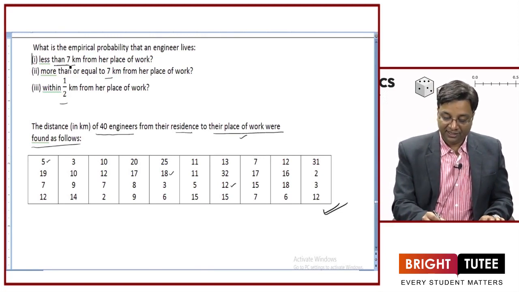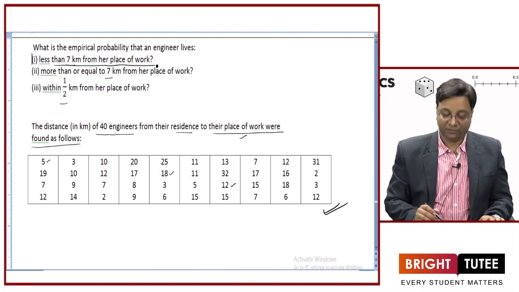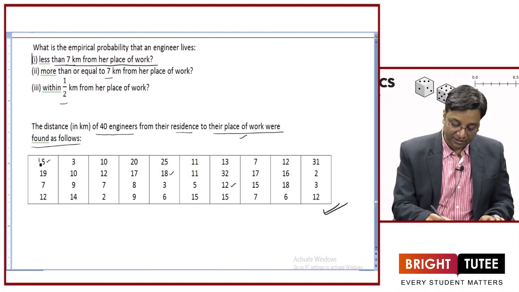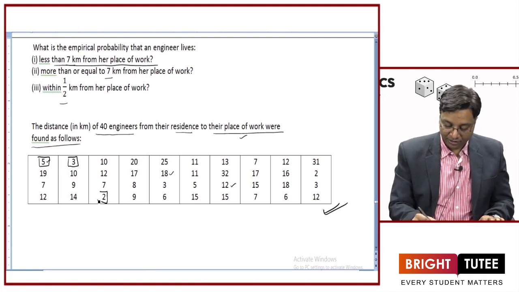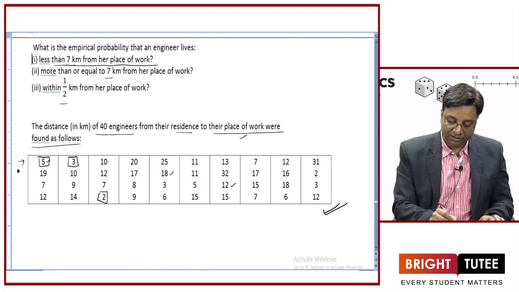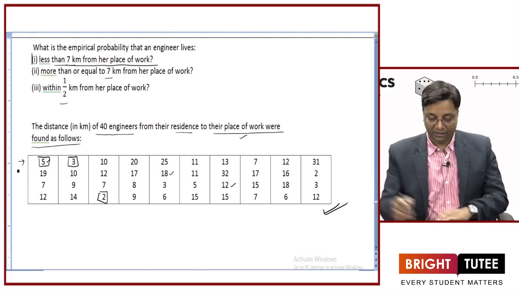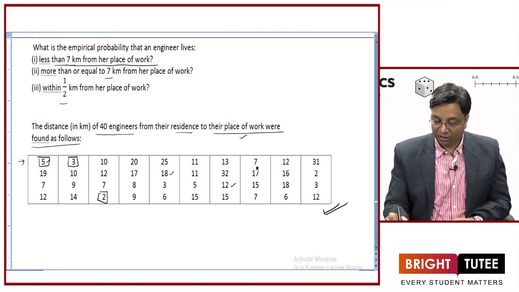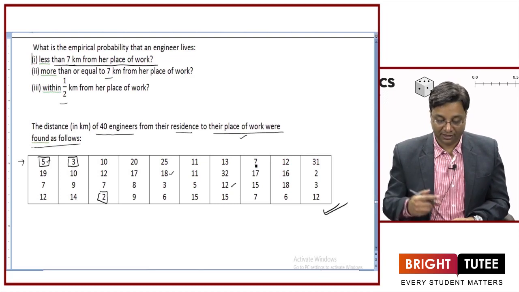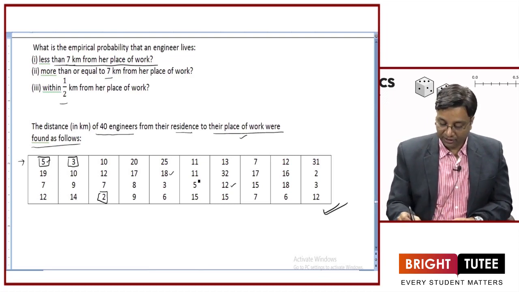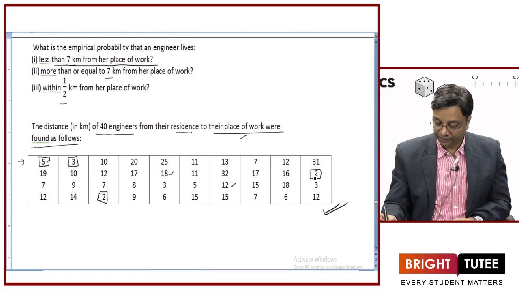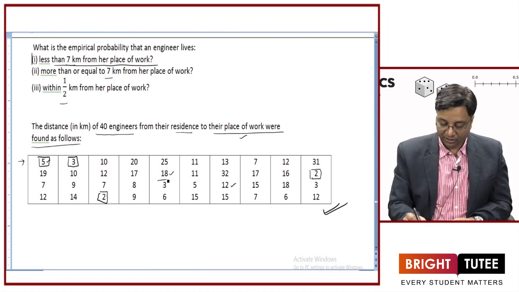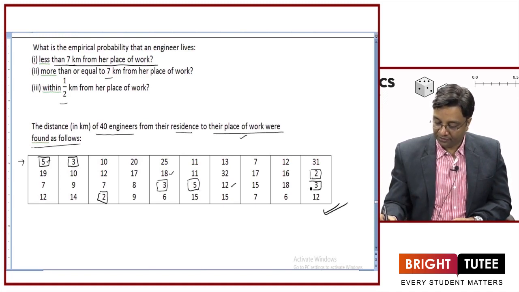Now, less than 7 kilometers from her place of work. Less than 7 kilometers are these: 5 kilometers, 3 kilometers, 2 kilometers, and you should start from this and then go row wise. So in this row, what are the entries that are less than 7? We are not talking about 7 here. We are looking for less than 7. So, less than 7 in this row is this one. In this row, it is this one, and this one.